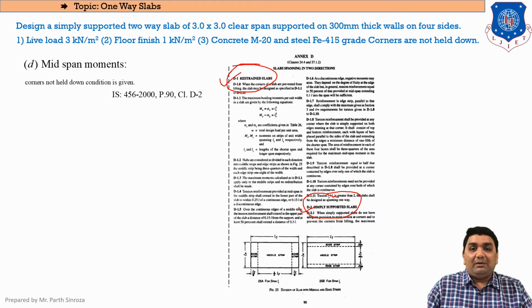Clear? So now it is given in the question as corners are not held down, so we'll be using the condition of simply supported slabs, and in the next numerical we'll be seeing the later portion, that is corners are restrained. So now moving on to the next page, it will be very beneficial for us.